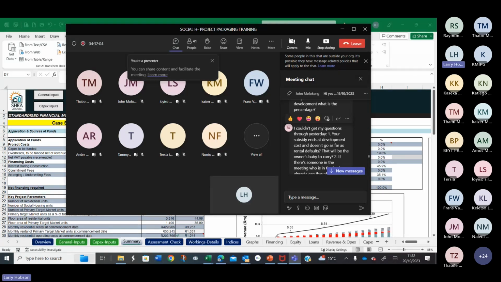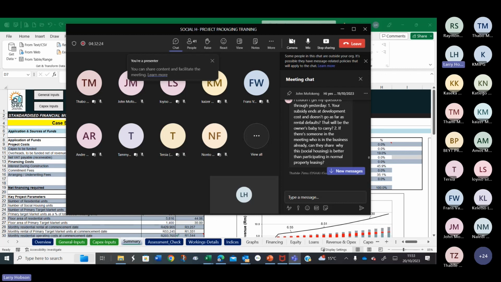is a side issue. So this was Rabone, couldn't get your questions through. Your subsidy ends at development cost and doesn't go as far as rental defaults. That'll be the owner's baby to carry. Yes, indeed, that is the case.